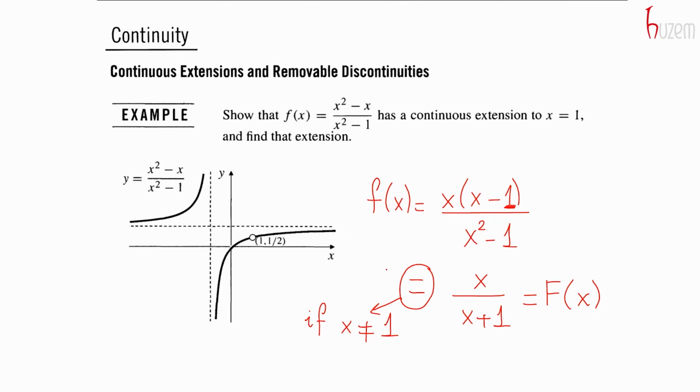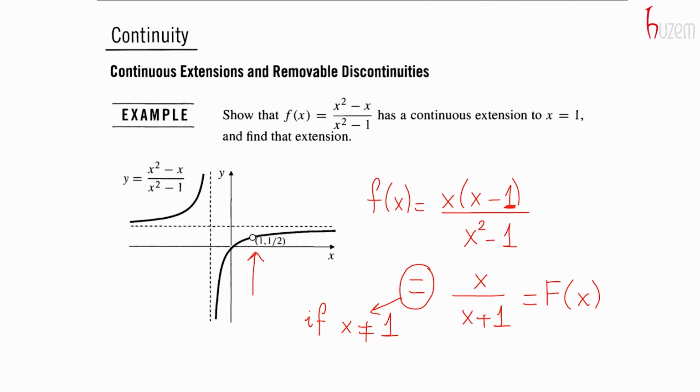If you look at the sketch of the graph, you see that the function is not defined at 1 simply because x squared minus 1 is 0 there. So the denominator is 0, so f(1) is not defined. So there is a gap here, making this function discontinuous at 1.